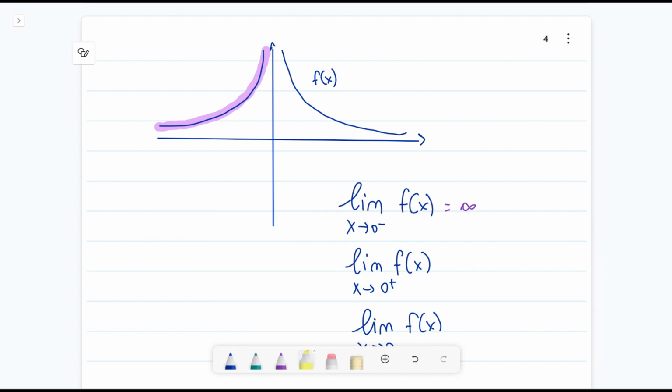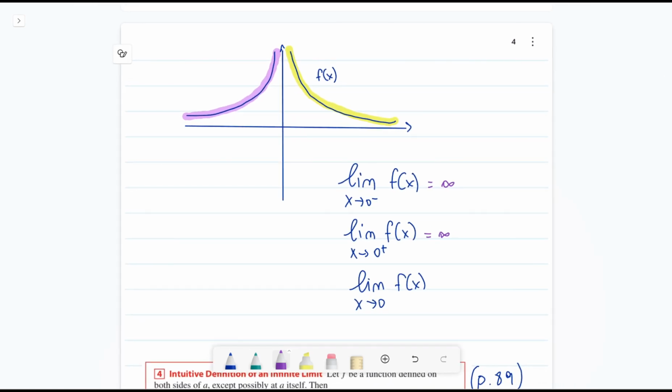Now if we approach it from the right, let's get closer to 0, as close as we can, and we also notice that the function will keep on increasing. In such a case, the limit of f of x as x approaches 0 from the right is also infinity.